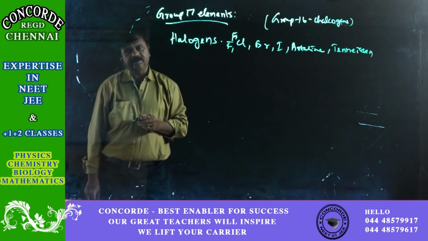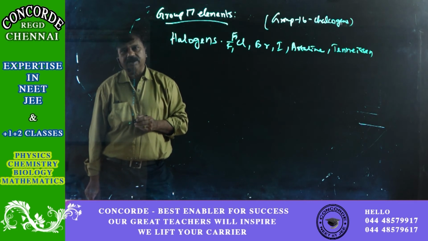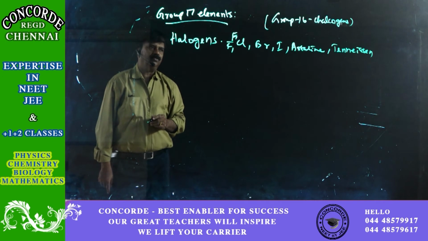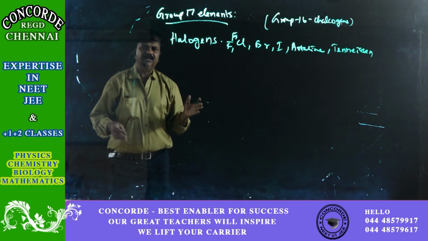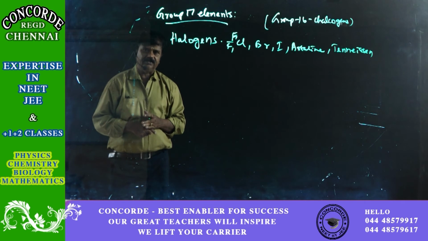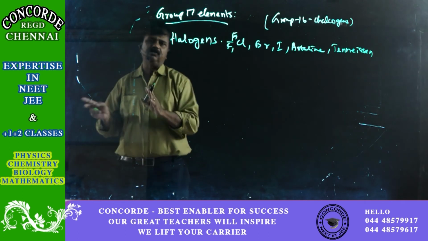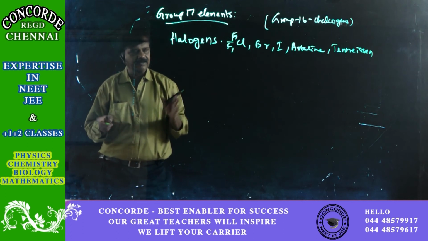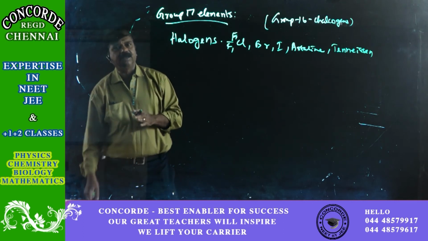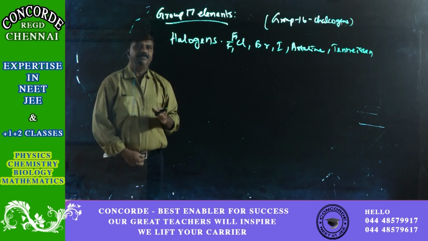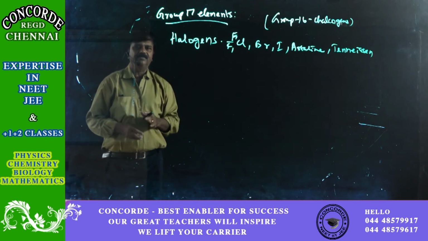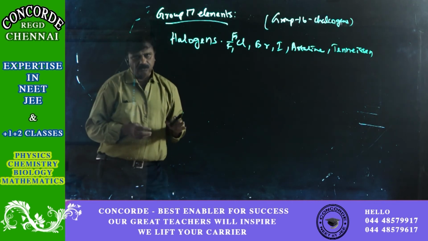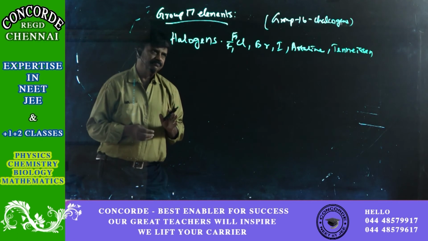And the most beautiful thing about the halogens is that the elements fluorine, chlorine, bromine, iodine are almost similar to each other in properties. Such a similarity never exists in any other group. Their physical properties, or the gradation in physical properties, or their behavior in chemical reactions with other substances, show a good similarity, unlike the various other groups of elements in the periodic table.